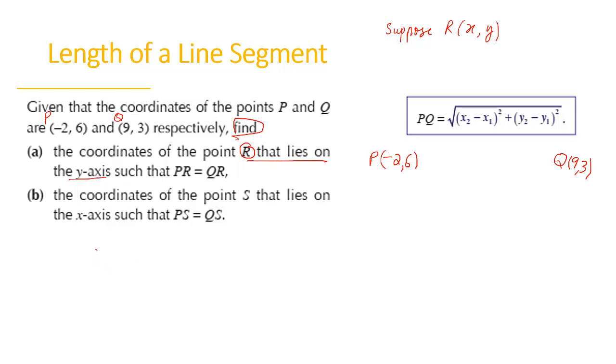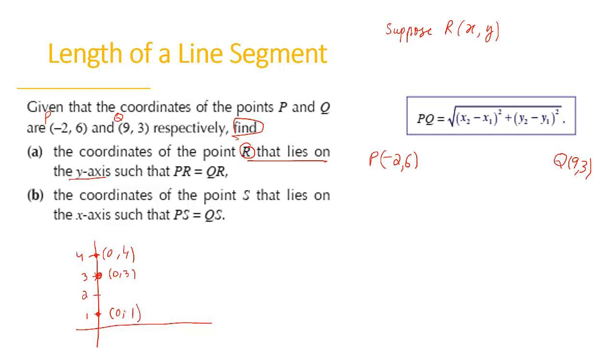Do you know that any point which is on the y-axis, let me give you an example. 1, 2, 3, 4. What are the coordinates of this point? The coordinates of this point are 0 comma 3. And this point is 0 comma 4. Similarly, this point is 0 comma 1.